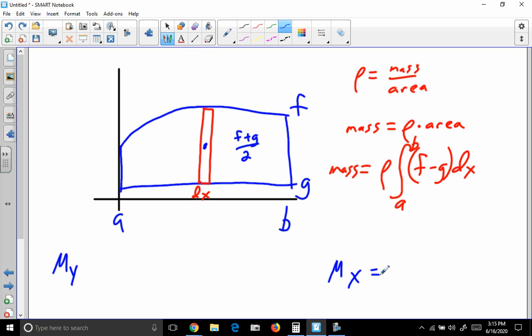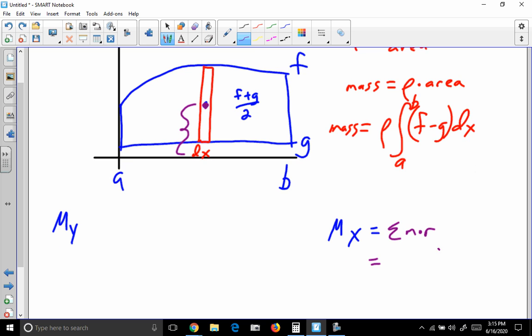So the moment from the x-axis: we imagine that all of our mass, which is actually distributed, is located at that one point, to make the problem simpler. So we're summing our masses times our radius, where our radius is the distance from there to there, which is that y value, and we call that (f plus g) over 2.